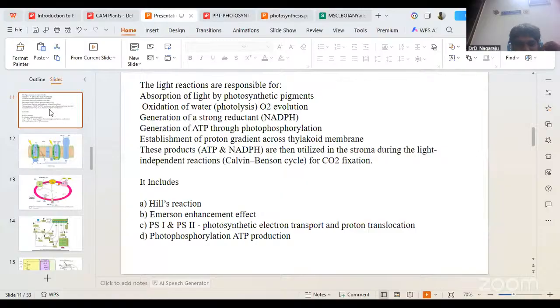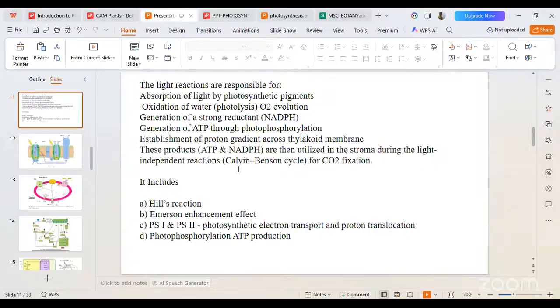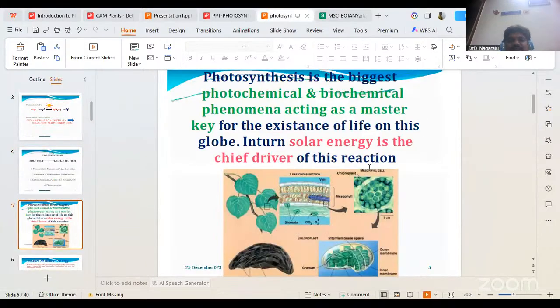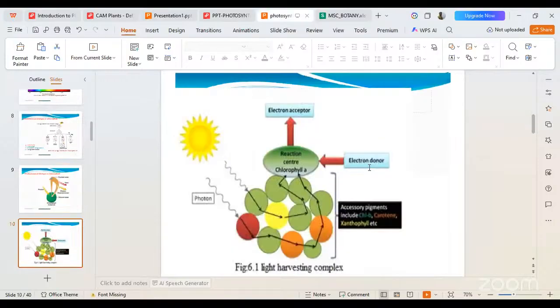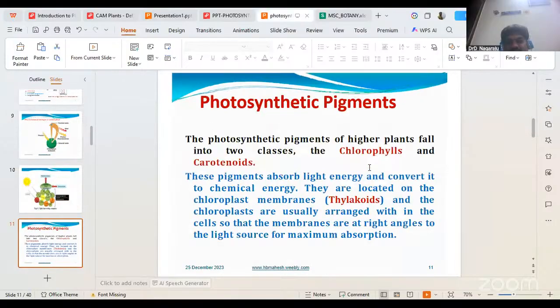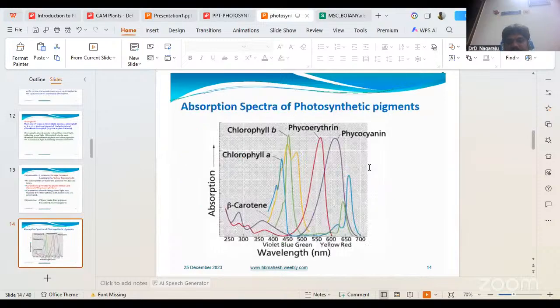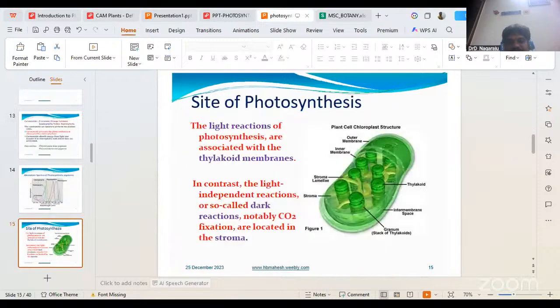You see, PS1, PS2, whatever is there on the board, they participate in the light reaction. You see, we divided into two: light reaction and dark reaction. We already studied the pigments. Absorption of the light spectrum we have also seen. Site of photosynthesis also we have done.